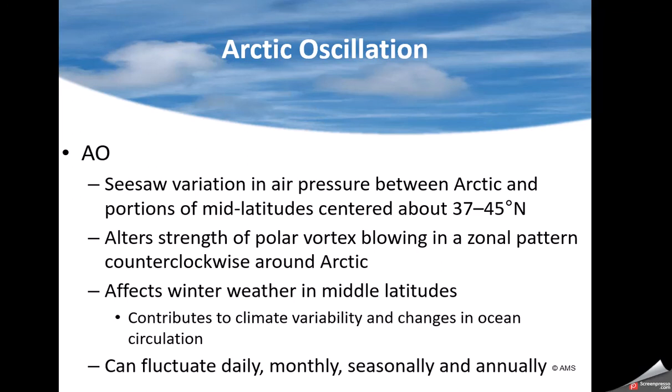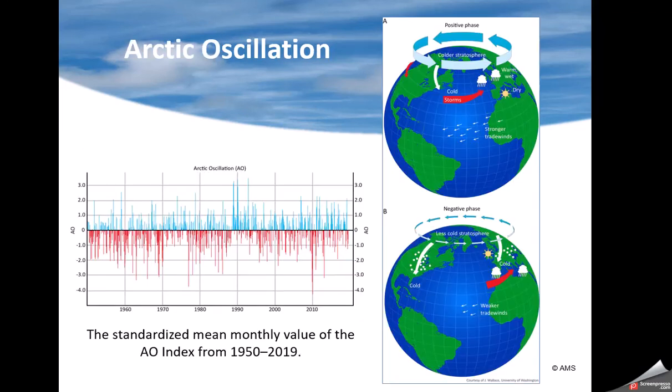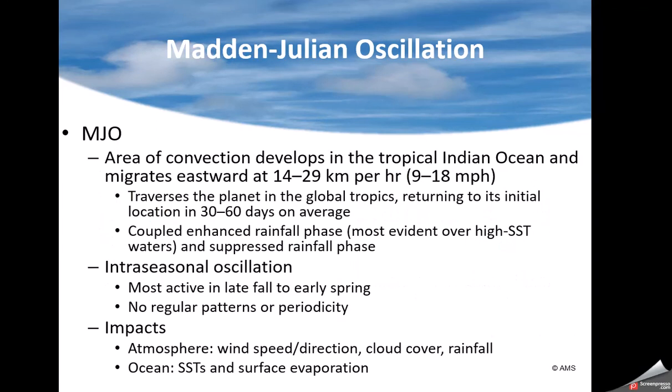So if that circulation is weaker, the cold air is going to begin to move further south in the United States. If it's stronger, cold air tends to stay up north near the poles. We stay a little bit warmer. And then here's two phases, and you can see the impact it has. There's Pacific phases, another decadal oscillation, the long-term phase.